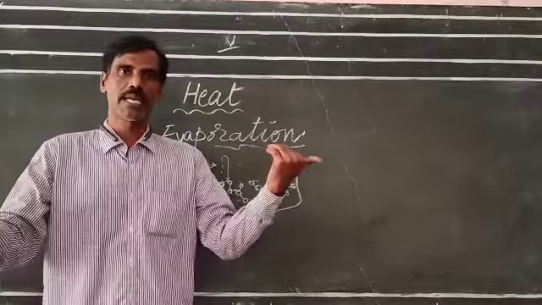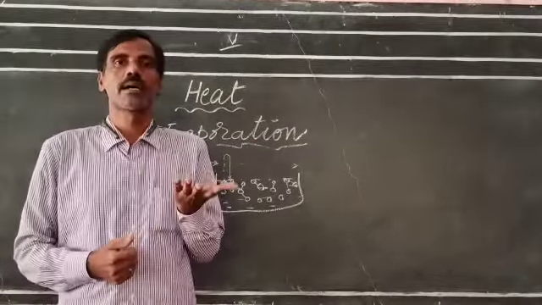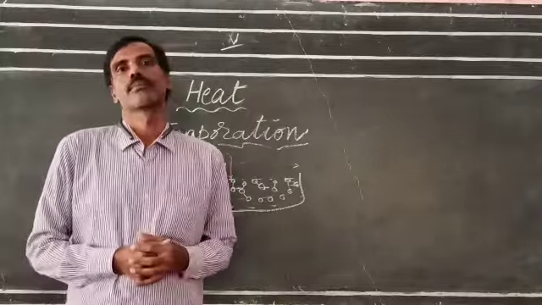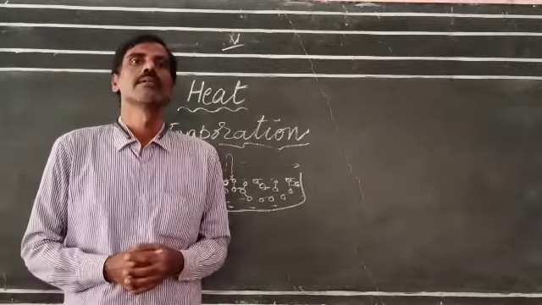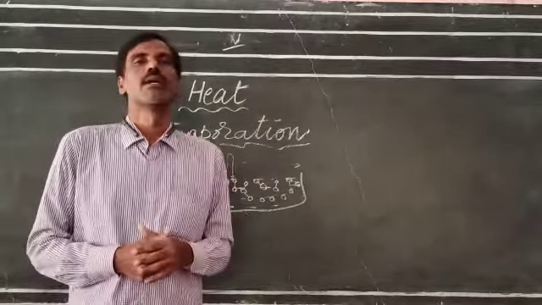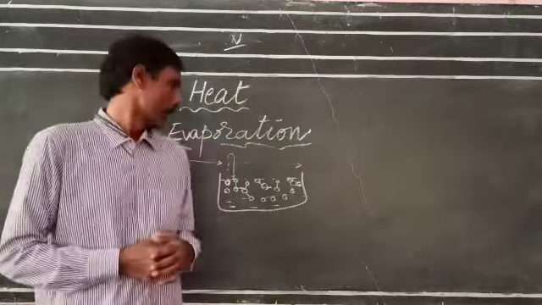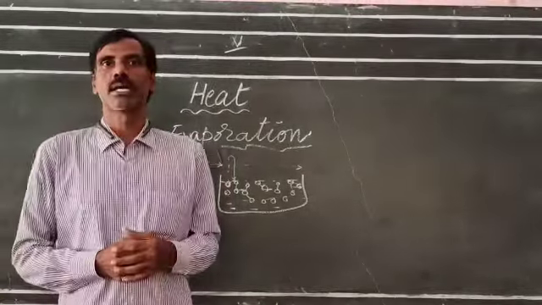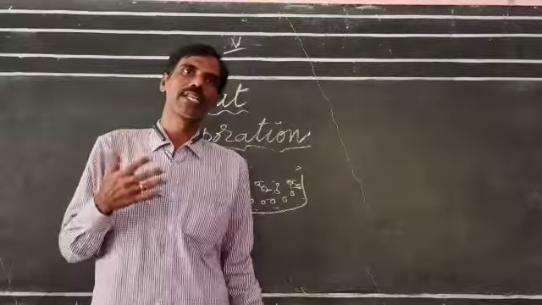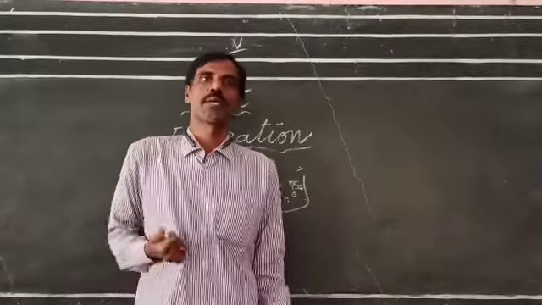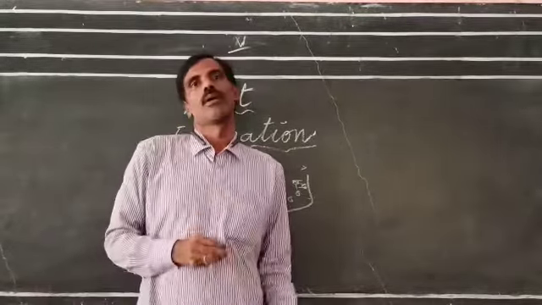If the surface area is larger, then the evaporation is more. If the temperature is high, then the evaporation is again more. And it also depends on the humidity. If the humidity is more in the atmosphere, then the rate of evaporation is low.